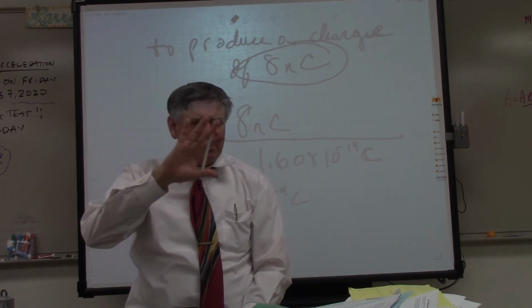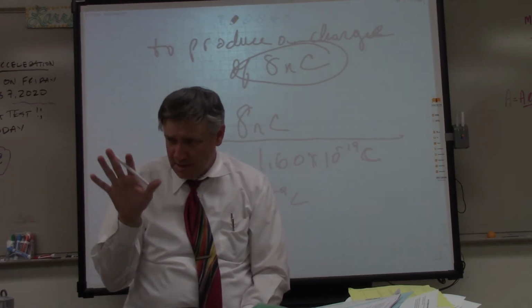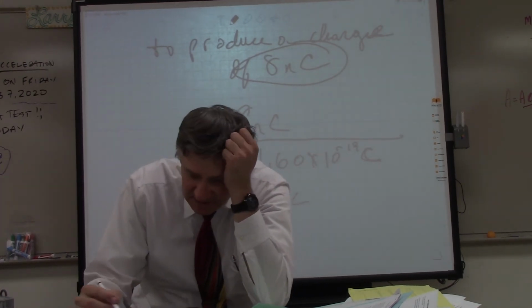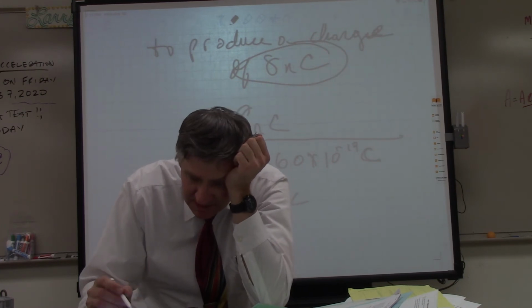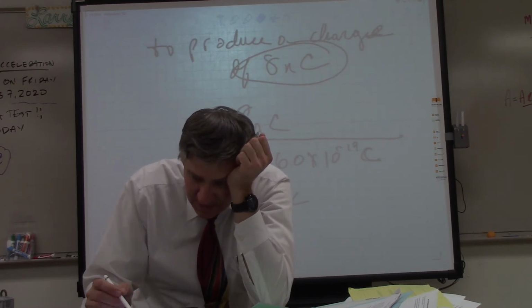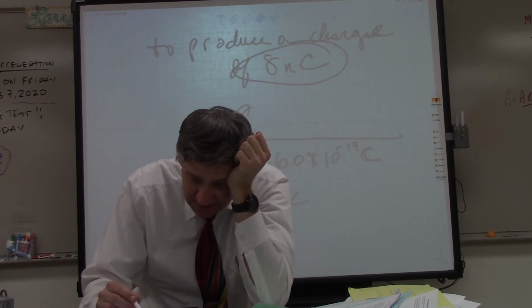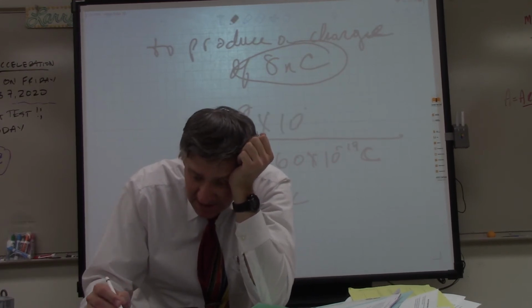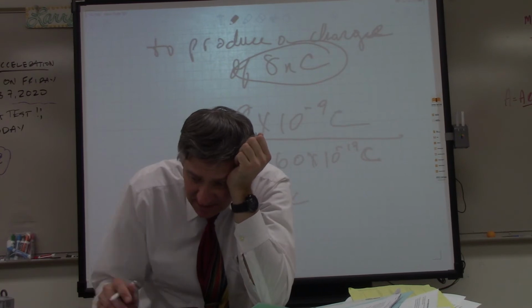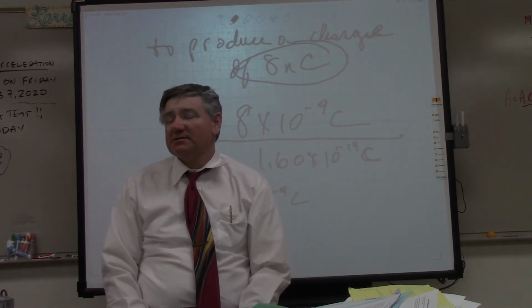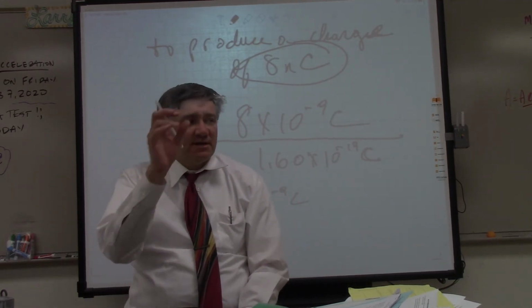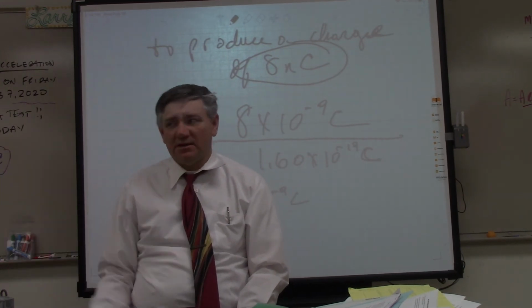This is why we use nanocoulombs so often in physics on this type of conversion. So the easiest thing to do, instead of writing 8 nanocoulombs, is just write it as 8 times 10 to the negative 9th coulombs. Whenever you see nanocoulombs, just keep the number and put 10 to the negative 9th on it.